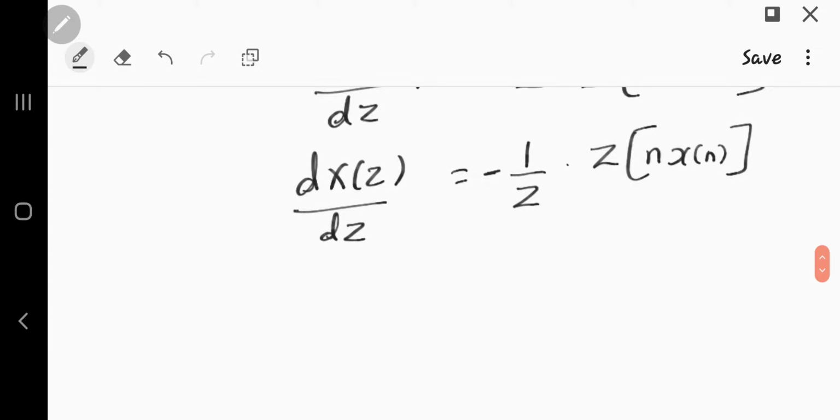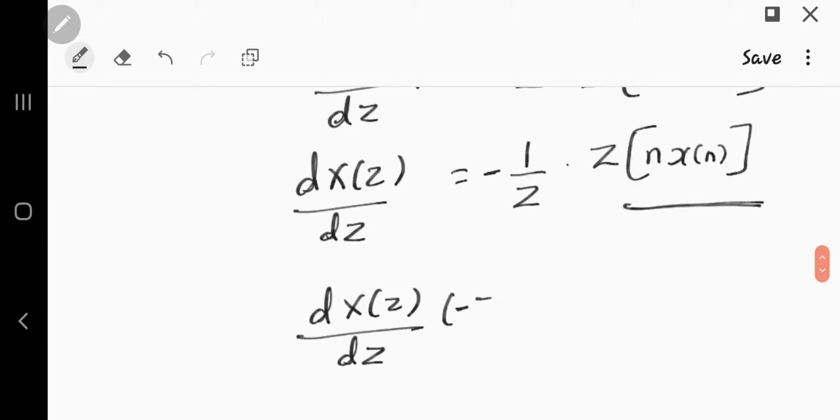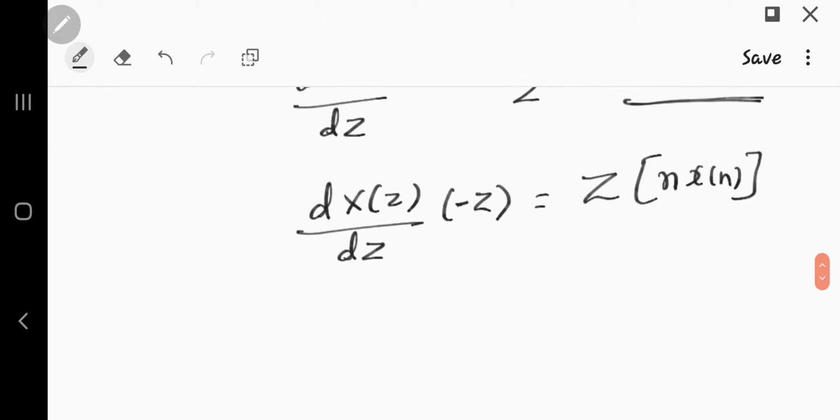Now if I cross multiply this entire term keeping only z here, I will get the differentiation of x of z, dx of z by dz, into minus z is equal to z transform of n into x of n.